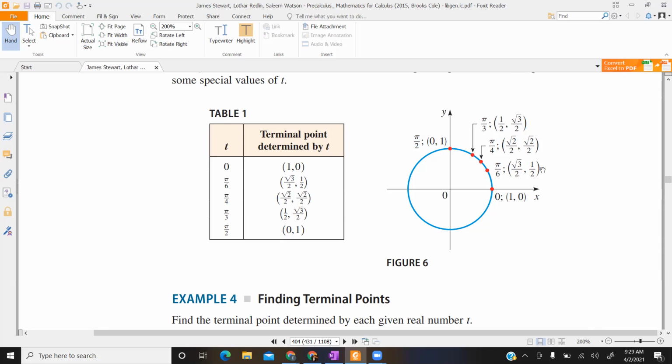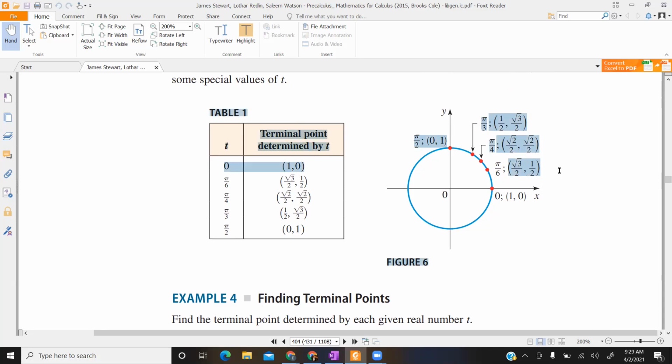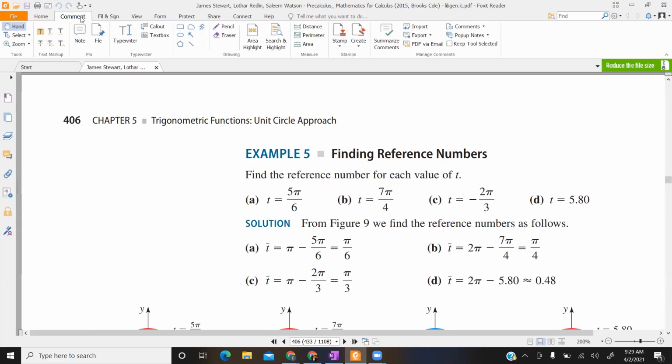But when you travel to this point on the circle, it corresponds to an arc length of pi over 6. So that's that distance right here.